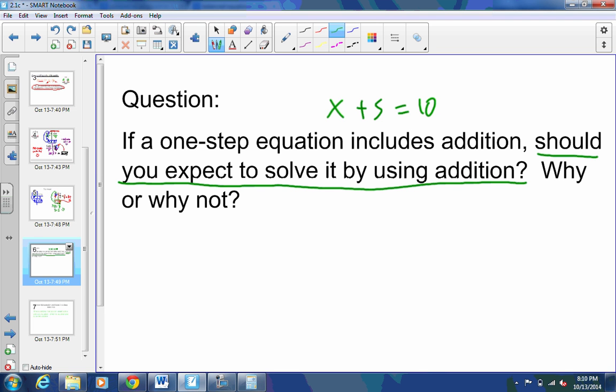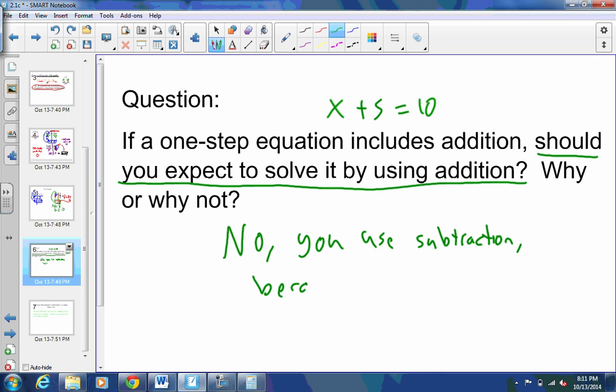Now, we talked about when you have addition, you don't solve it by using addition. You solve it by using its inverse operation. And the inverse operation of addition is subtraction. So the answer would be no. You would use subtraction, because it is the inverse operation.